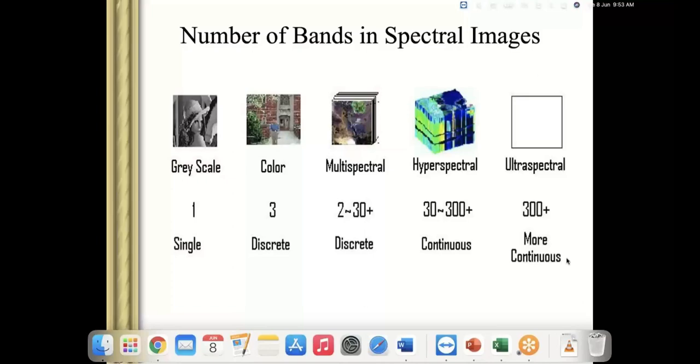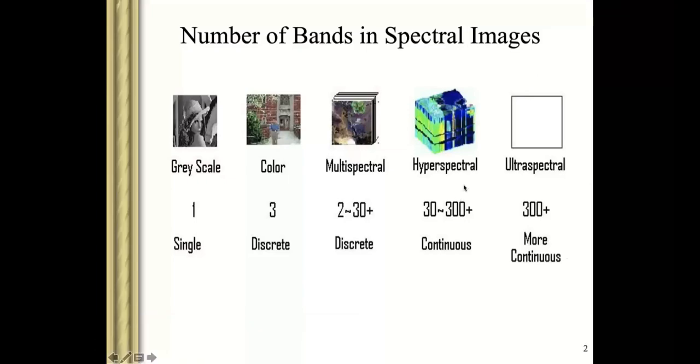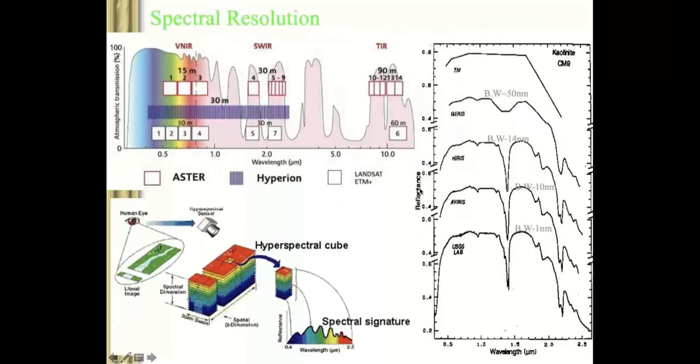So what I'm trying to say is that after hyperspectral we get ultraspectral, and in ultraspectral we have more bands as compared to previous advancements. I assume you already know from the remote sensing FDP about different types of resolutions: spatial resolution, spectral resolution, radiometric resolution, and temporal resolution.